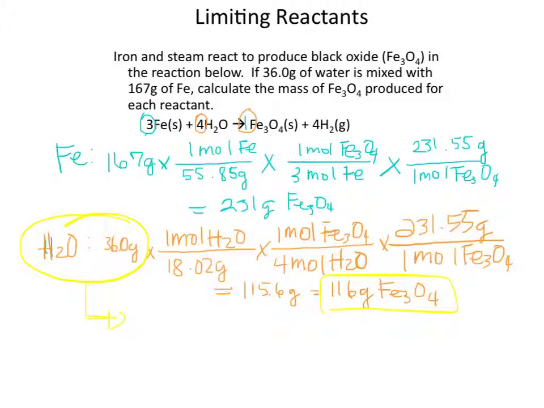We should make 116 grams, not 231. Now, with the next example, you may try this for yourself, but make sure you pause, and then I will go step by step to give you the answer, so you can check your answers afterwards.